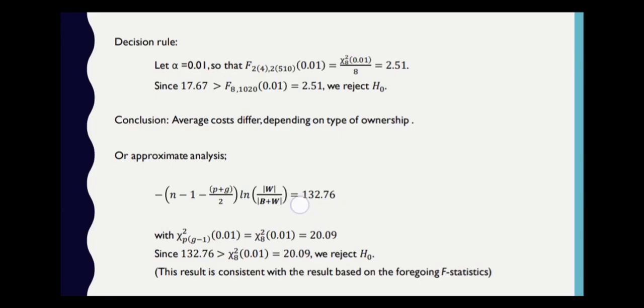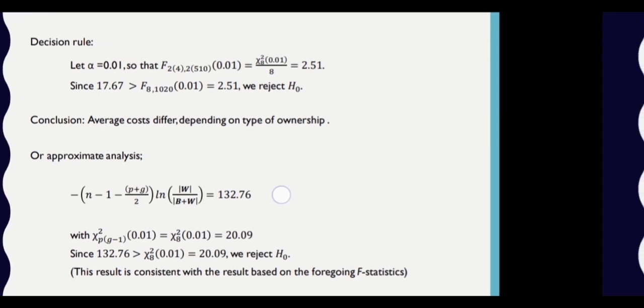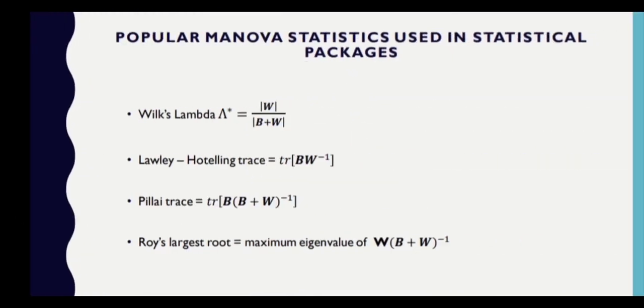Okay, compare this test statistic with chi-square with p(g minus 1) degrees of freedom. So you will get the same result. The result will be consistent, and then you can make the conclusion as before. Okay, so this is the popular MANOVA statistic used in SPSS. So later don't be surprised when you want to get the MANOVA value, it will output all of these: Wilks' lambda, Hotelling's trace, Pillai's trace, and also Roy's largest.